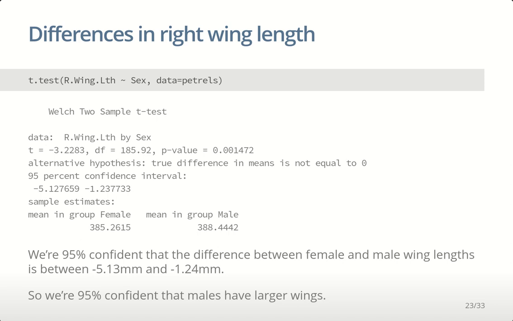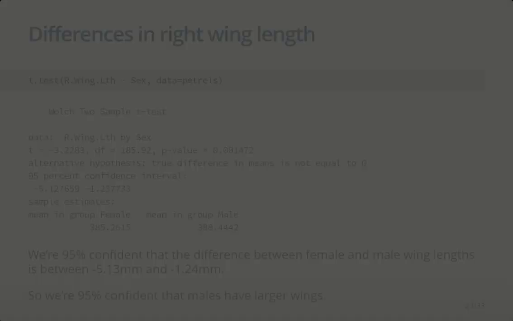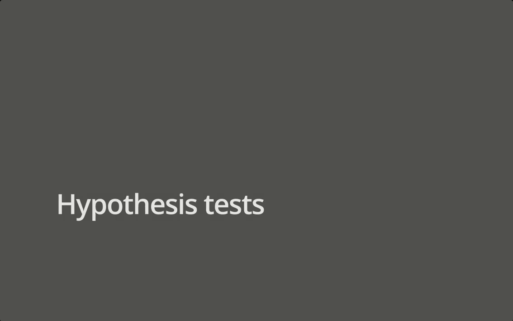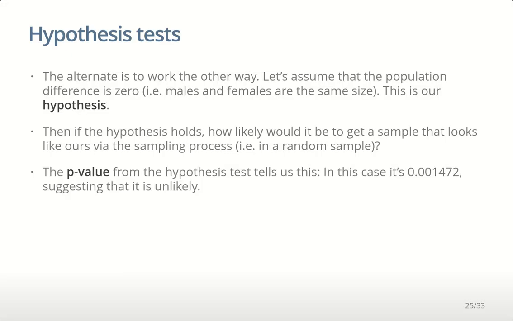This is female minus male, so males bigger than female would give you a negative number. So we're 95% confident that males have larger wings than females by between 1.2 millimeters and 5.1 millimeters. So that's how confidence intervals work, and how confidence intervals can be used to check differences, right? You compute the confidence interval for the difference, and then you see if 0 is an option.